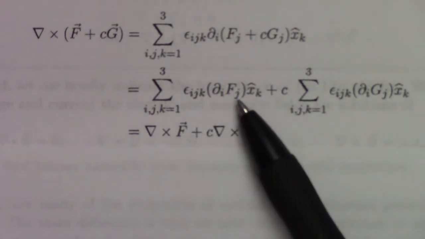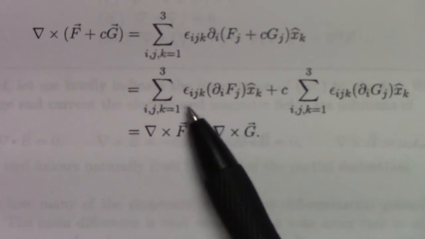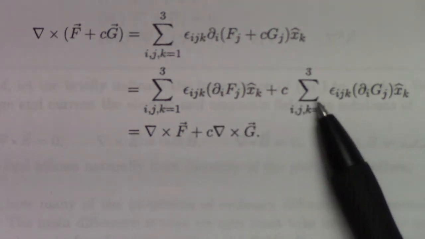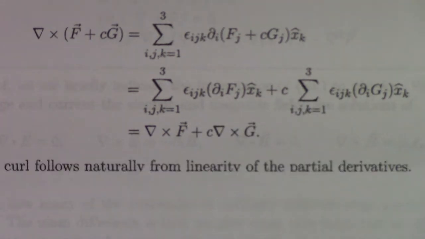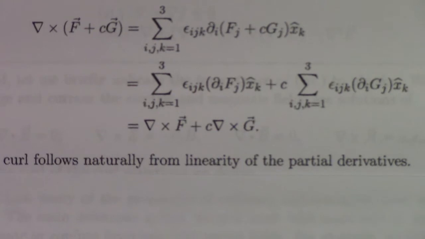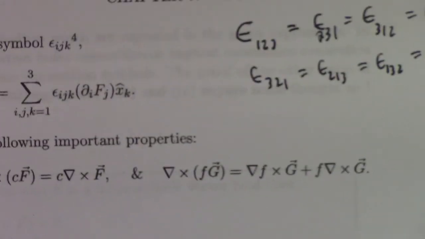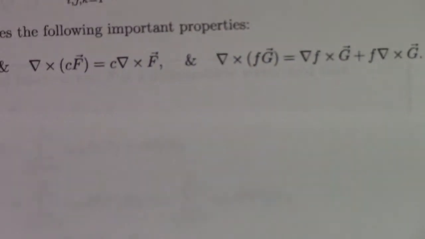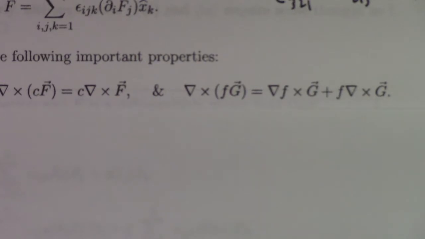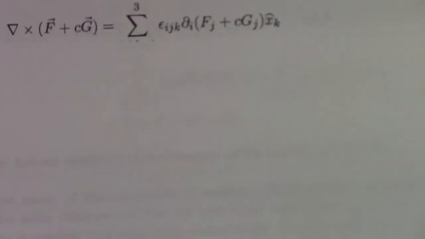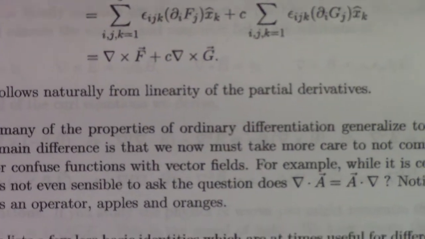And then, of course, you tilt your head and squint and go, wait a minute, that's exactly the curl of f, and that's exactly the curl of g times c. And that is the linearity of the curl. So there you have it. And the other property here, I've probably made a homework, at least in some year, so that's why I don't have a proof in the notes, but it's a good homework problem to prove that.